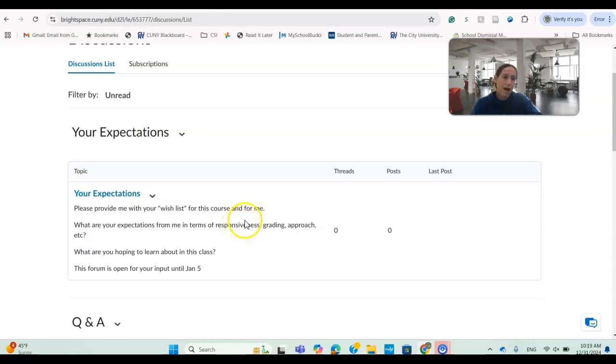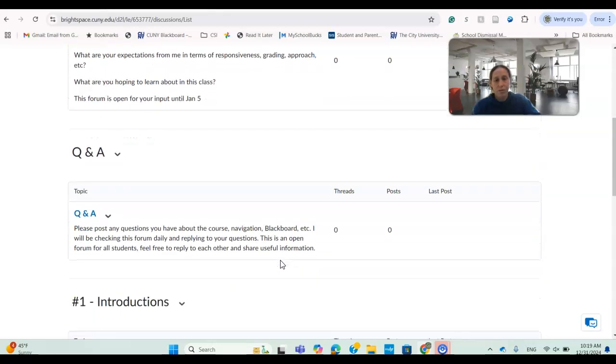But since I am telling you what I expect from you, you can tell me what you expect from me in terms of what you want to study, what you hope to study, how responsive you want me to be, grading, anything that you want to share with me about your expectations. You can do that until January 5. I think that's very important for you to be able to understand what you want out of this class.